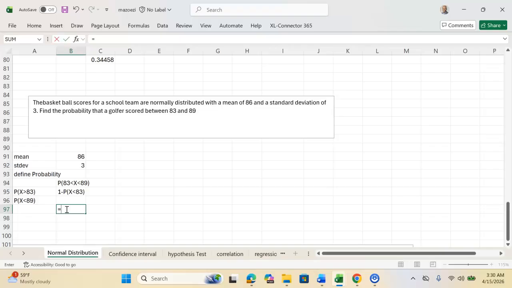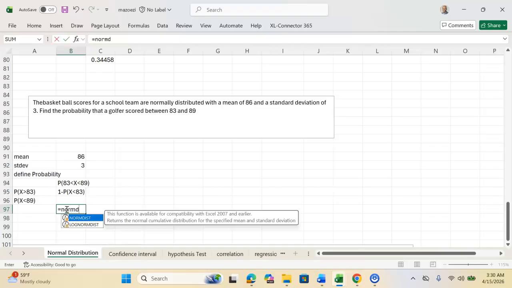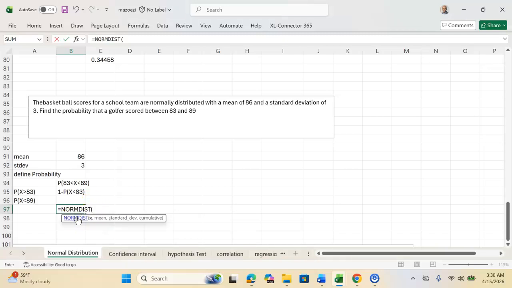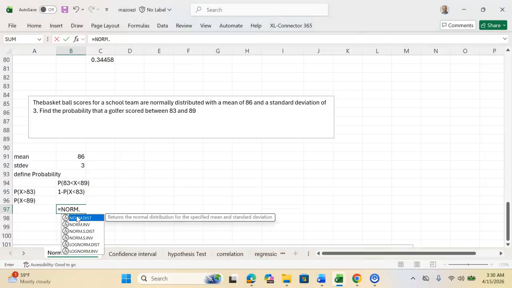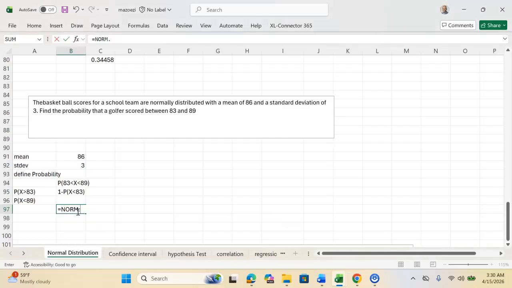So put an equal sign, type norm.dist. You can put a dot, that will be the same. Let me just do exactly what you've been doing. I'm going to use norm.dist as usual. And as you can see, we need x.